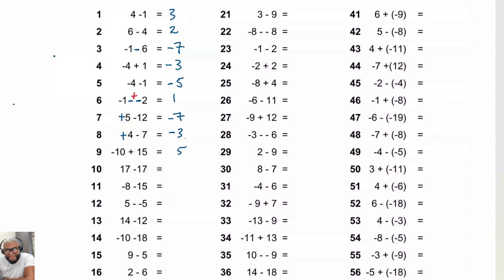Excellent. Signs are different. So what do I have to do when my signs are different? Subtract. I have to subtract. And then I'll get 5 and I keep the sign in front of the larger number, right? Next, 17 minus 17.